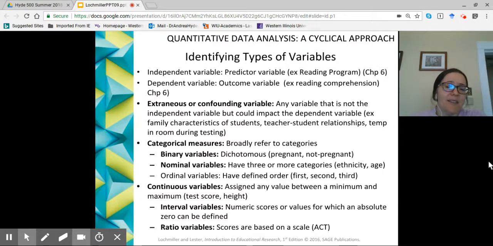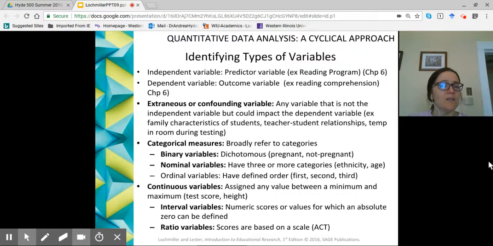So ethnicity could be one of these, age could be one of these. Ordinal variables we saw before, having a defined order for second, third, and that could be sections, it could be participants, it could be quintiles. Whatever you can rank that way is called ordinal.